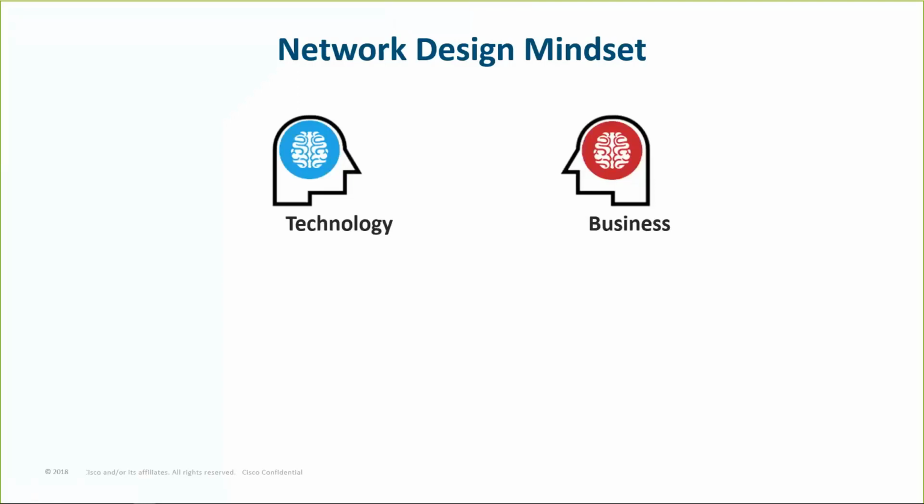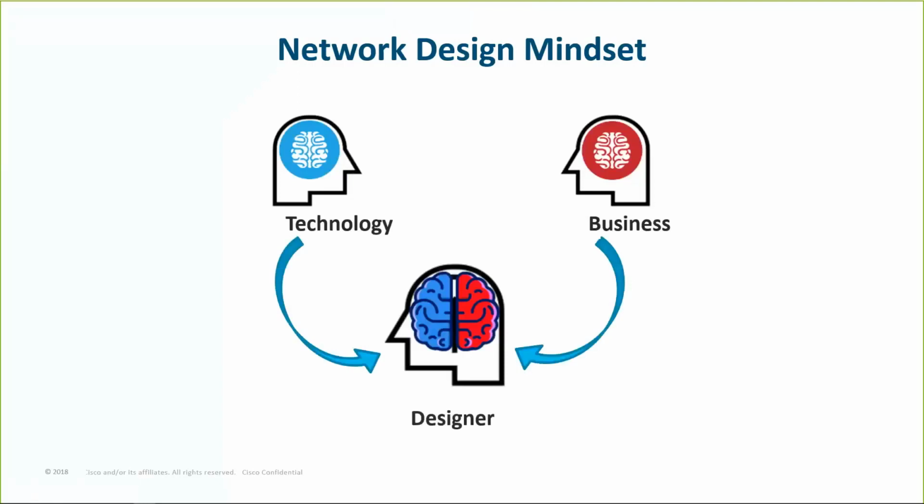But then what happens when you get the business and the technology together? Then you will get a designer. You will get the person who is able to understand technology, who is able to understand the business needs, who is able to help them to achieve their goals by means of translating this information into technical requirements. Because the business says, I need an environment where I can share an infrastructure, and then you simply would make a functional requirement of this, which is okay, you need then a multi-tenancy, right?